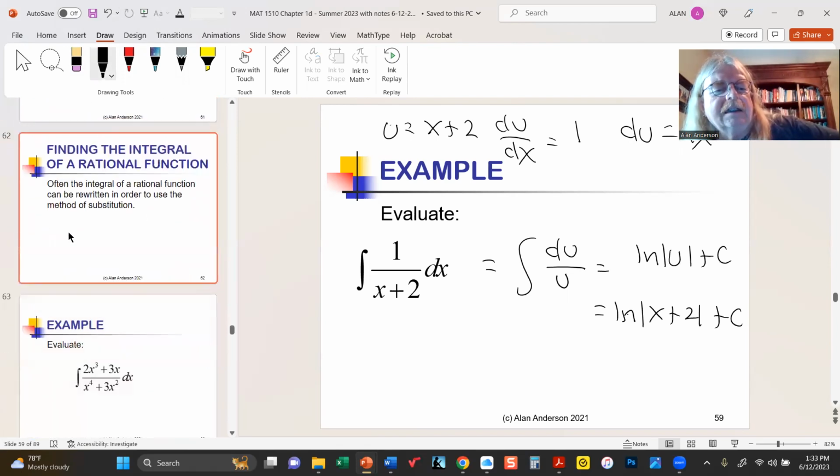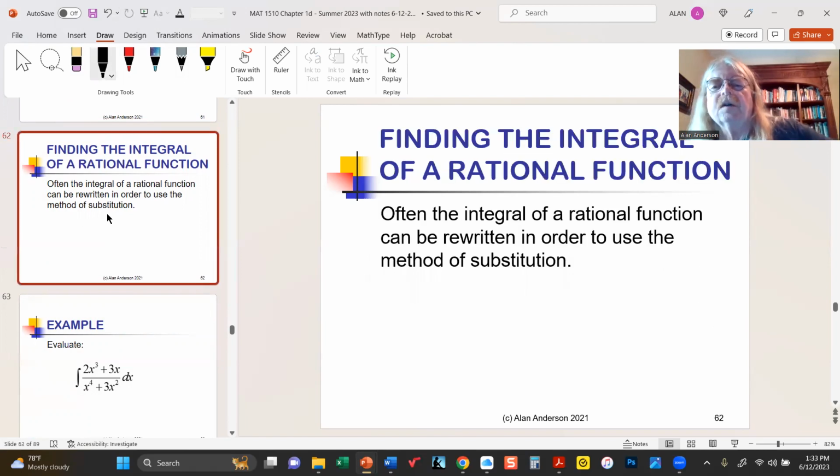Wow. All right, now here's some more interesting cases. Finding the integral of a rational function, which we discussed the other day. A rational function simply means that the function is itself a ratio of 2 other functions. So, for example, let's take a look at this one.